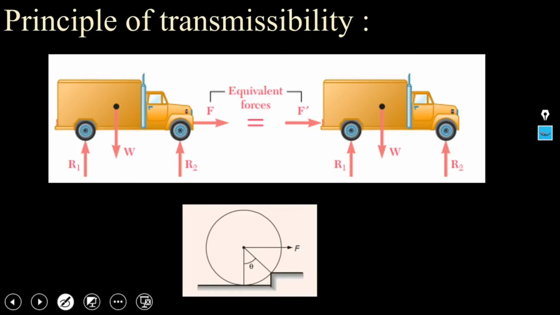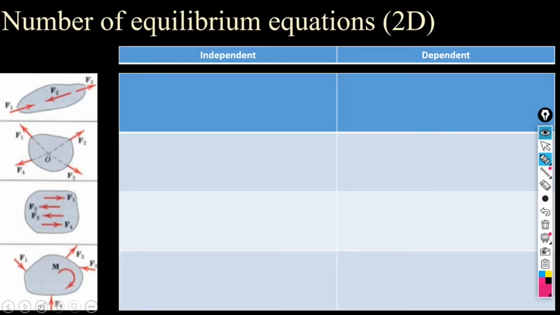We have seen the concept of equilibrium. Let's see in various systems of forces how many independent and dependent equilibrium equations we need. Suppose the system of forces is collinear, and let's say this is my x coordinate and this is my y coordinate.